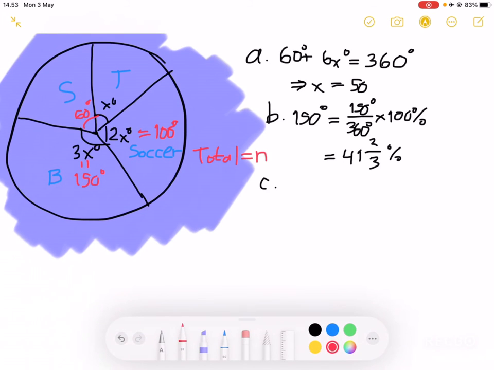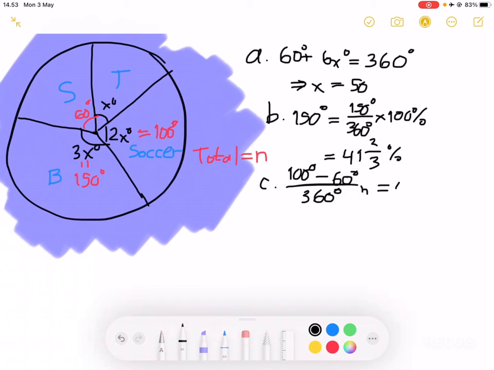From this pie chart, the number of students who prefer soccer over swimming will be 100 degrees minus 60 degrees all over 360 degrees times n. Since we're finding the number of students here, we can just eliminate the units of degrees and then multiply by the number of students.